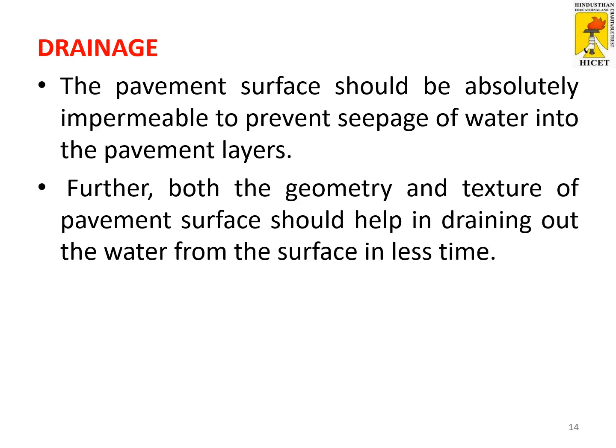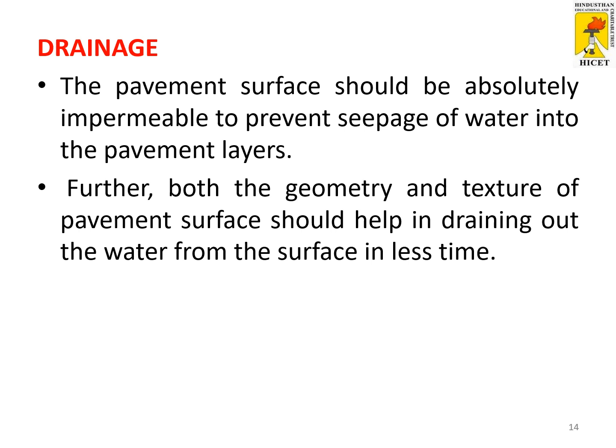Drainage. The pavement surface should be absolutely impermeable. Impermeable means the layer should not allow water itself to pass. If the top layer of the pavement, whether flexible or rigid, allows water, the pavement will fail after some time because the water infiltrates into the layers and reacts with the soil, and the properties will change.